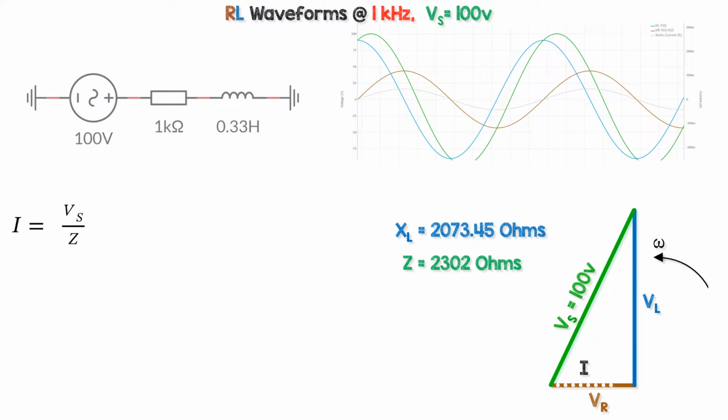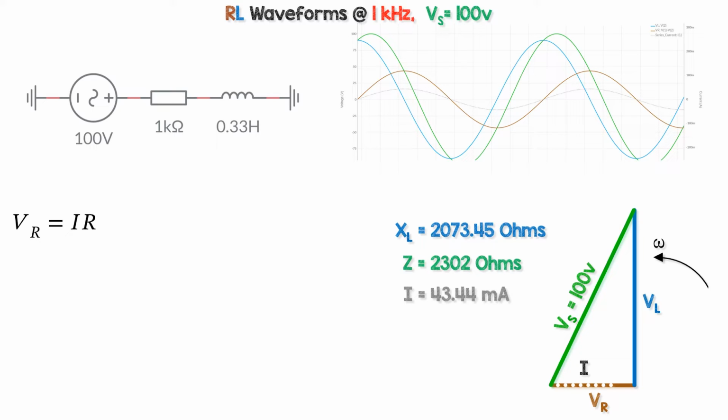Now we know the impedance, we can find the current using Ohm's law, Vs over Z. That's 100 volts divided by 2302 ohms. So now at higher frequency the series current comes out as 43.44 milliamps, so it's a lot less.